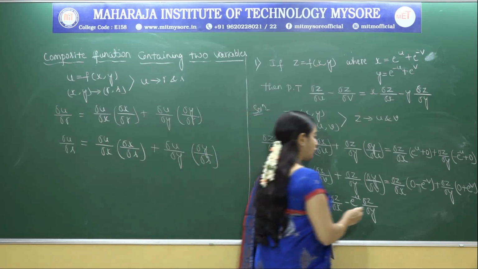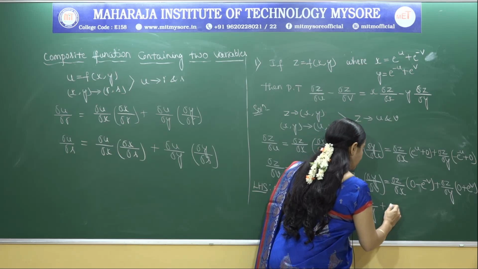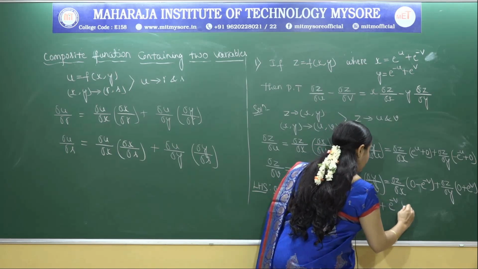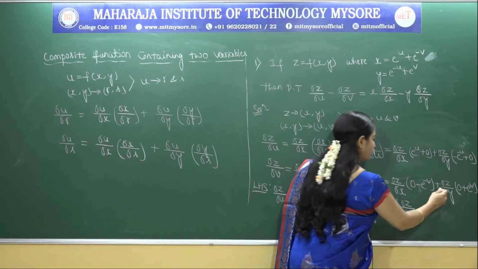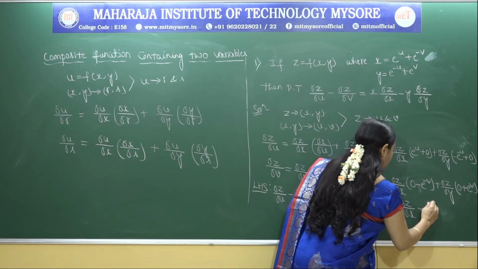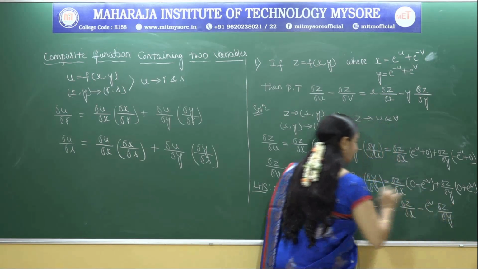The second part has a negative sign, and since you have the negative you will get the positive sign, it is e power minus v del z divided by del x. You multiply with negative, so this term becomes negative, e power v del z divided by del y.